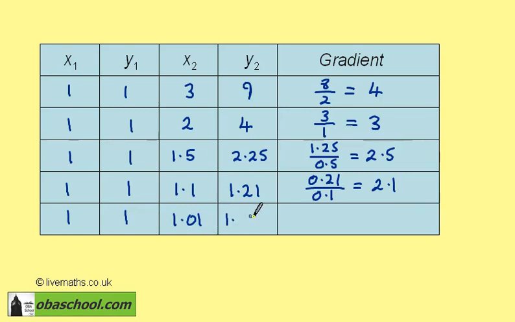If we square that, we get 1.0201, and this take away this gives 0.0201 divided by 0.01, which is 2.01. We can see following this sequence that it appears to be approaching 2, so we might estimate 2 as a gradient for this curve at this point.